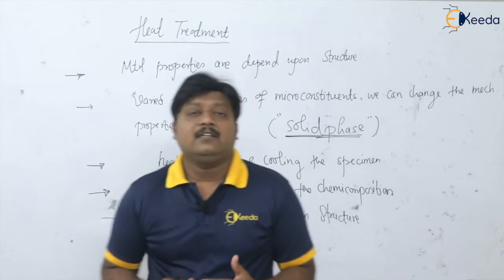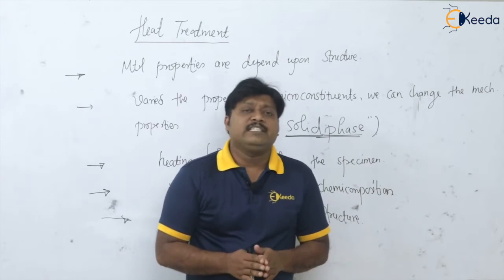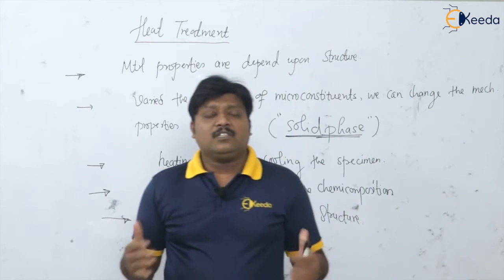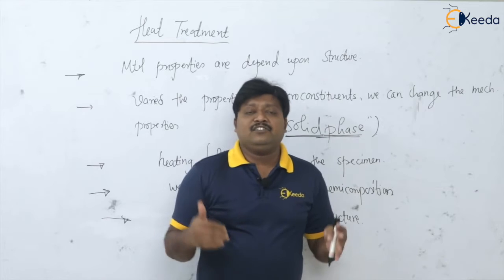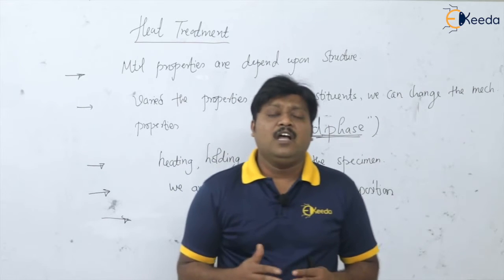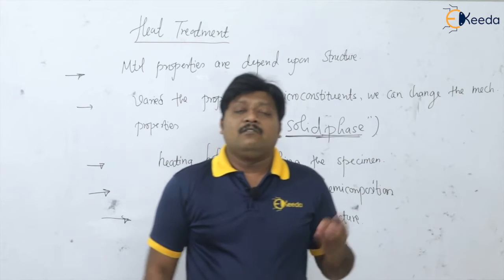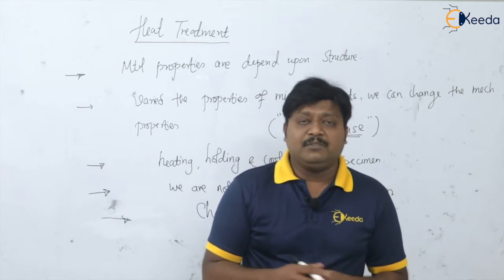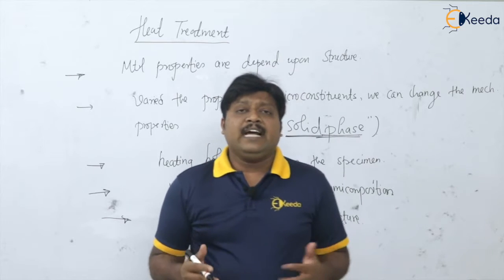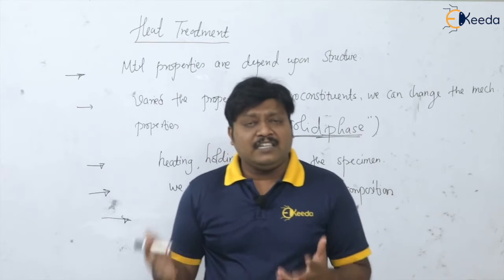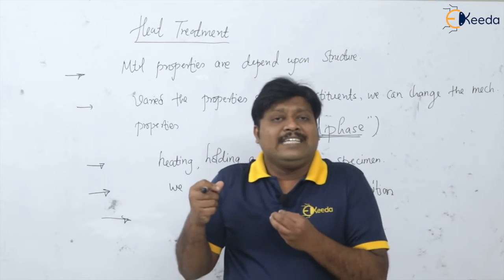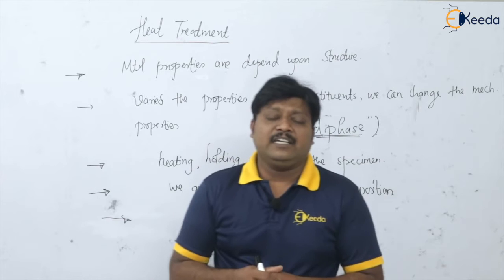If you look at the basic purpose of this heat treatment, what are we going to get actually? Dear students, when we apply these heat treatment processes on the specimen or components, we can get the required ductility of the material. We can improve the machinability of that specimen. We can improve the strength or hardness of that specimen. We can have the refinement of the grains for that material.